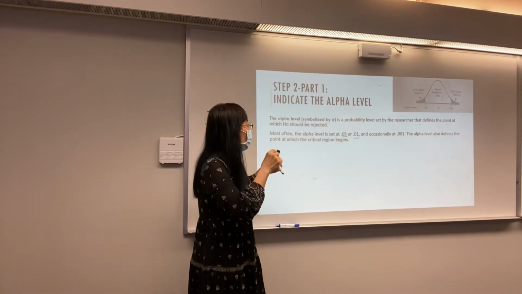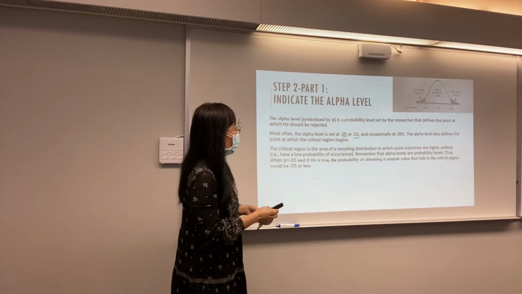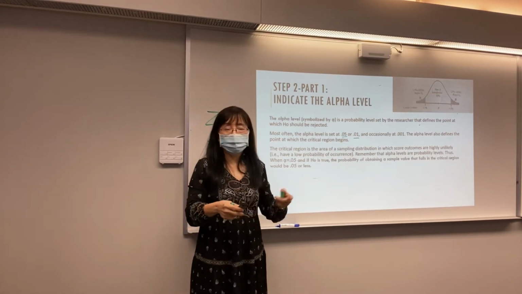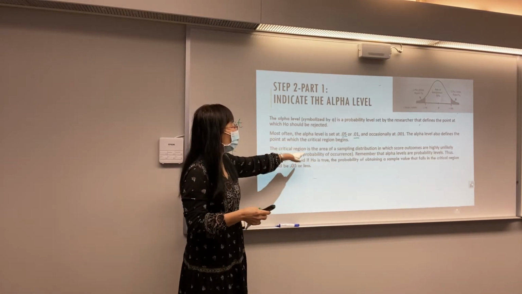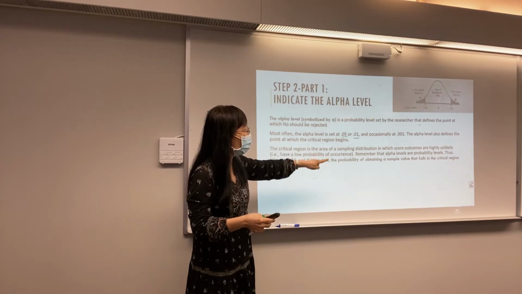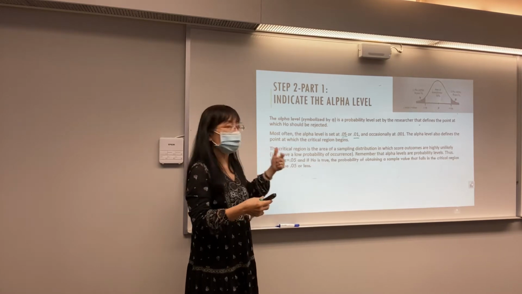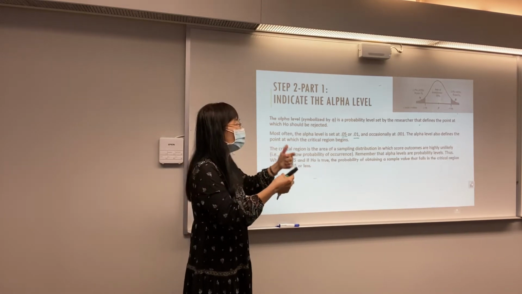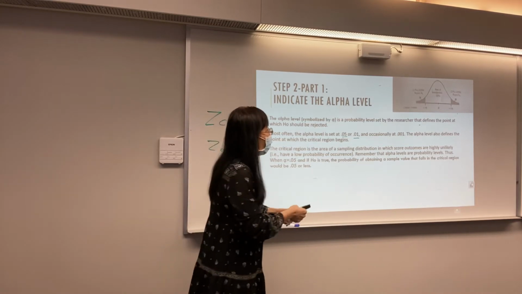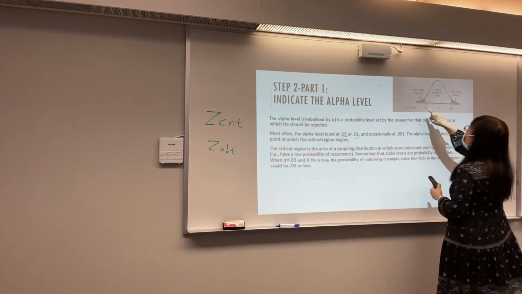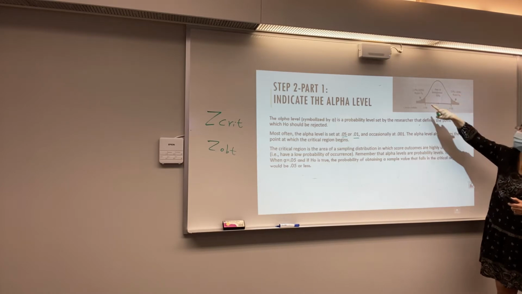But what does that really mean? It's the significance level, but what does that mean? The critical region is the area of the sampling distribution in which score outcomes are highly unlikely to be. If they can be there, that means they are so good. So you say, okay, I'm putting 0.05, and if I divide it, it will be 0.025, right?